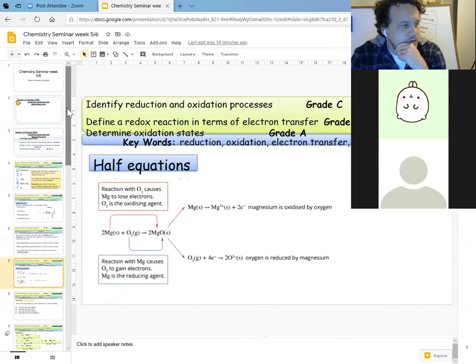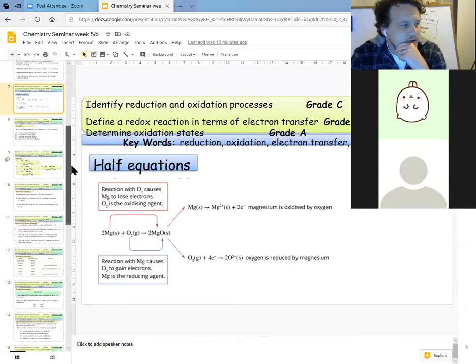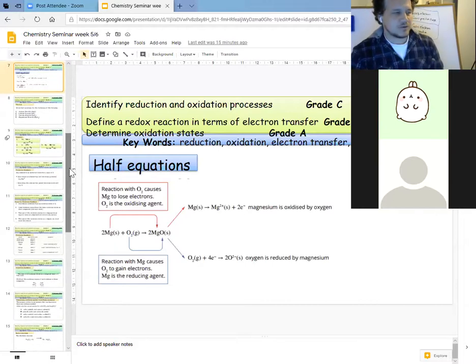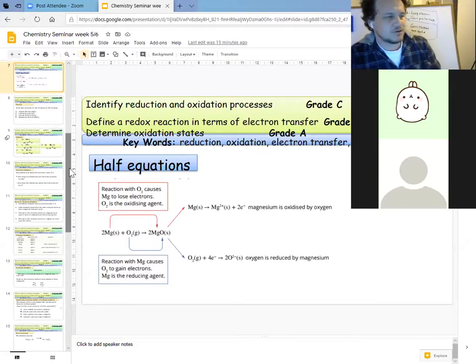So we look at an equation. So 2 magnesium reacts with O2 to produce 2 magnesium oxide.